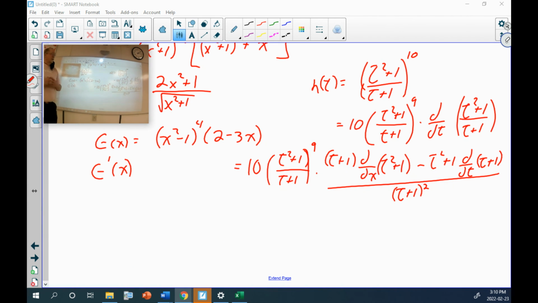So forget the complicated part. I said, I've done the derivative. Now I got to take the derivative of the inside. That's a quotient rule. Let's apply the quotient rule and just leave that other guy alone.